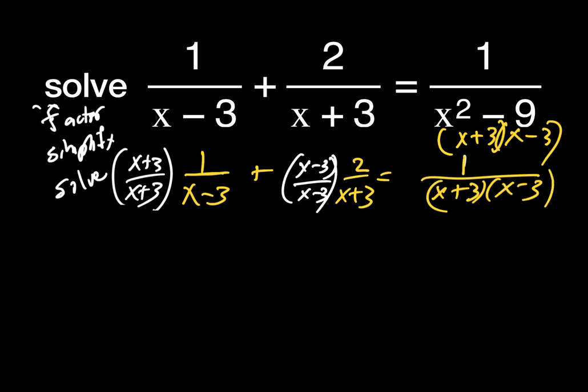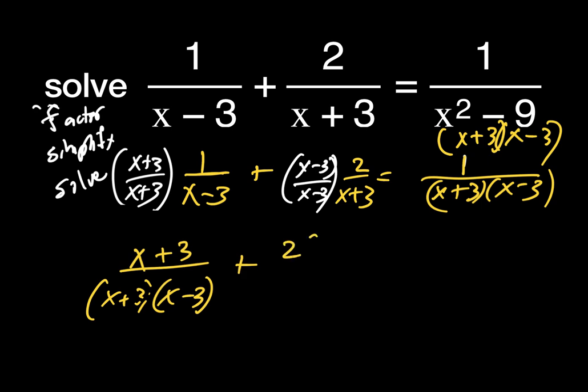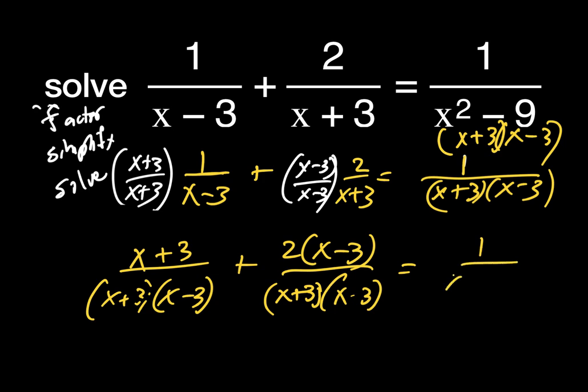So then I'll have, in this fraction, 1 times what's in the numerator, plus 2 times x minus 3. The denominator will be the full thing, equals 1 over x plus 3, x minus 3.